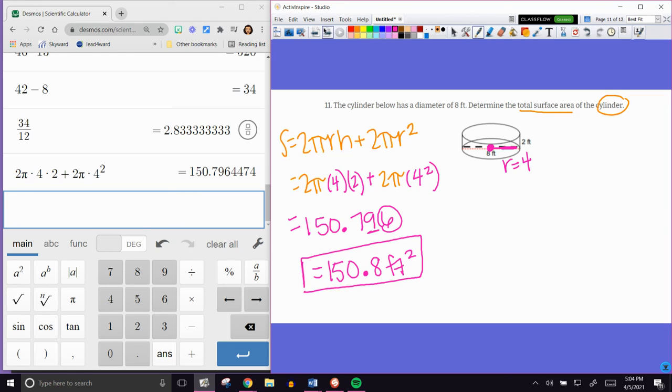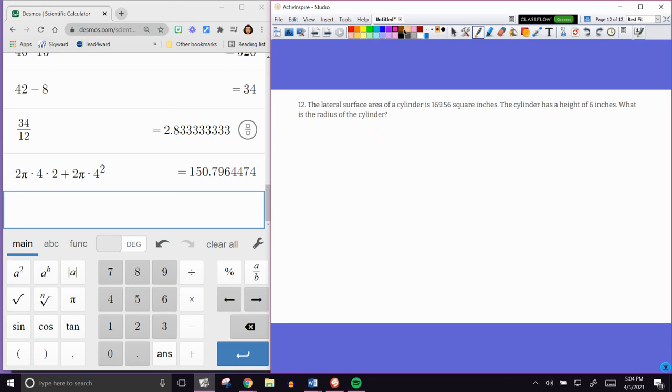And then our last problem, the lateral surface area of a cylinder is 169.56 square inches. The cylinder has a height of 6 inches. What is the radius of the cylinder?